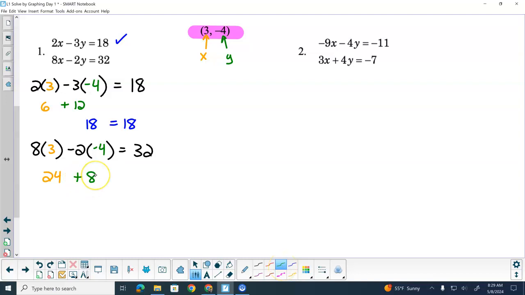Positive 8. Negative times a negative is a positive. 24 plus 8. 32. Is 32 equal to 32? Yeah. So it worked in both of them, yes? So therefore it is a solution.